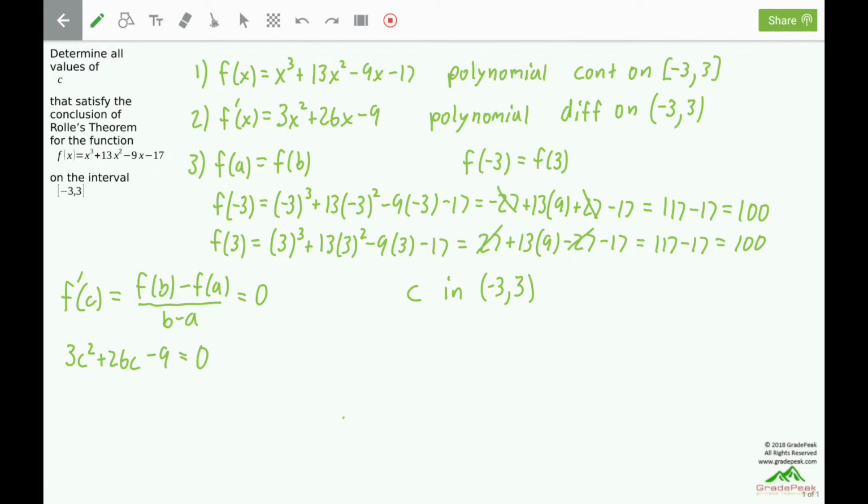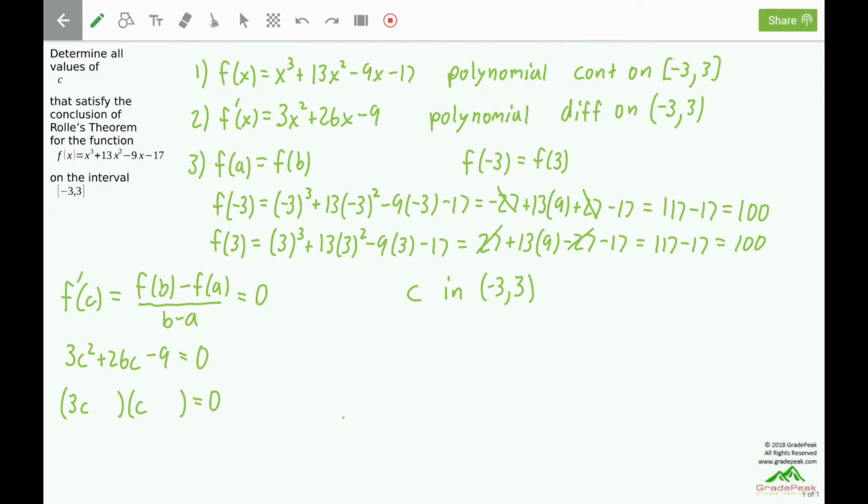There is no common factor. The numbers are not going to be divisible by any common divisor, so we just have to factor it as is. Because it's 3c squared, it'll factor into a 3c and a c. And we need two numbers that multiply to be -9 and add to be a positive 26 after one of them is multiplied by a 3.